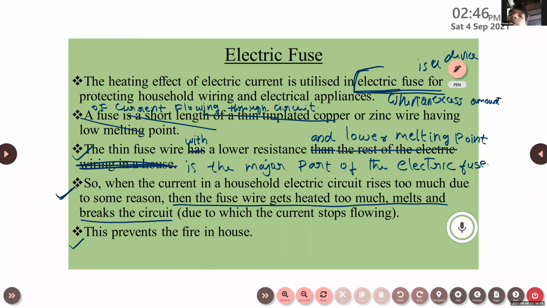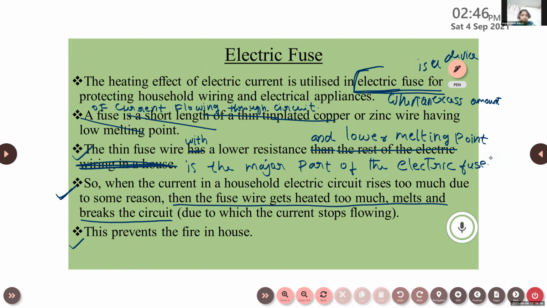Question to Sania: what is the major part of electric fuse? Same question to Angelo.